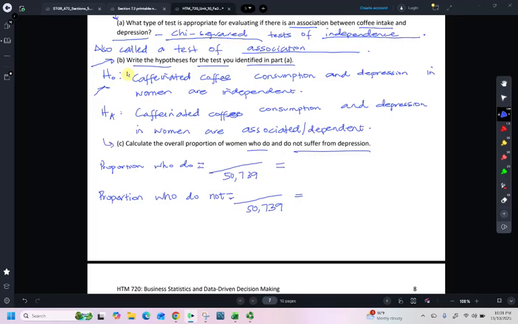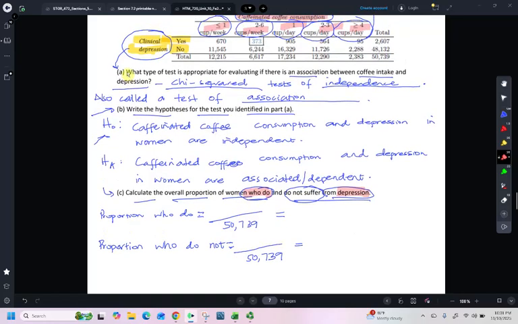Part C. We would like to calculate the overall proportion of women who do not suffer from depression and those who do suffer from depression. So let's start with those who do suffer from depression. From the table, we look at the yes category.